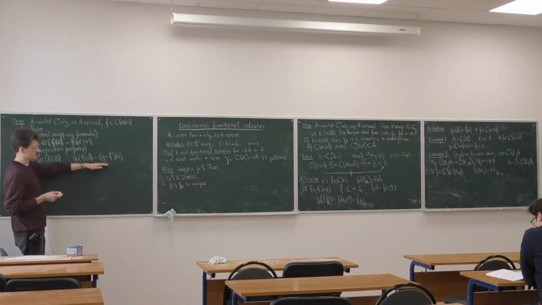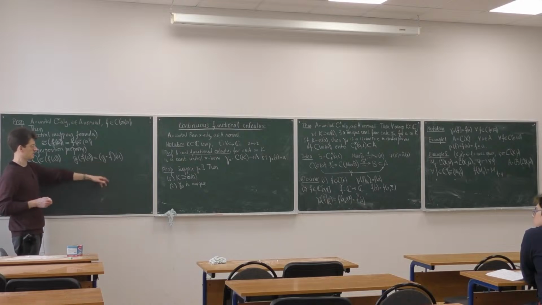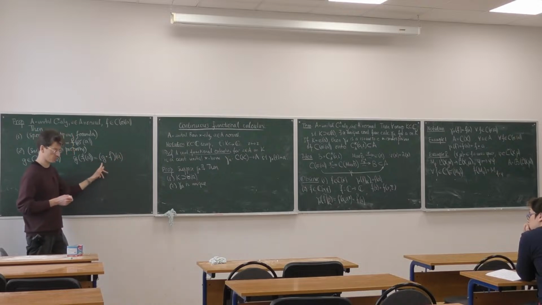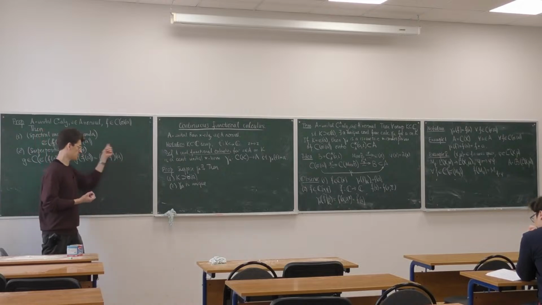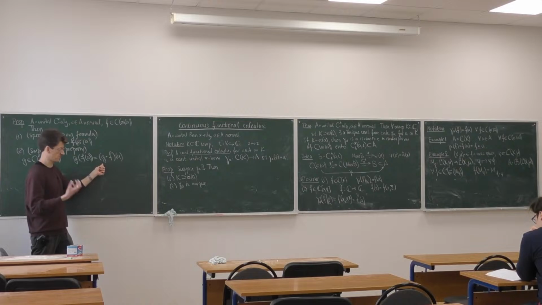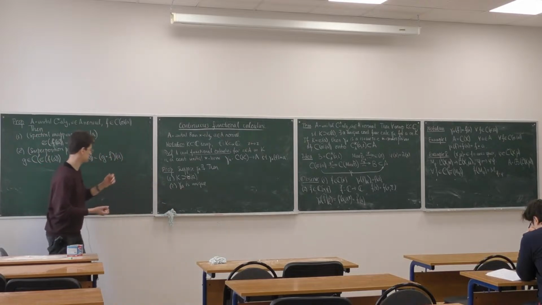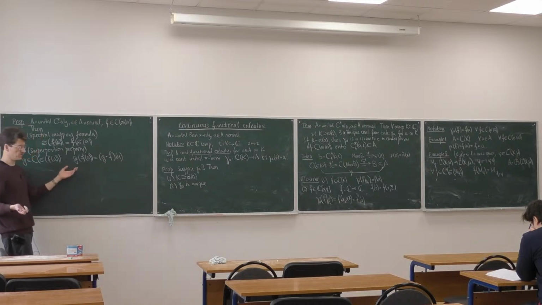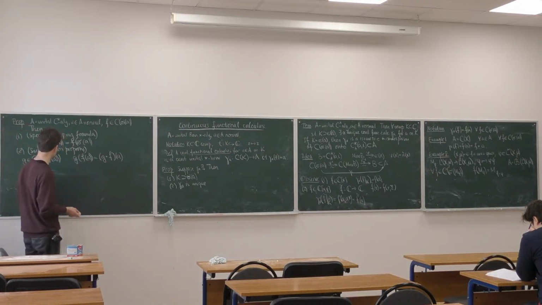And the second equality easily follows from the fact that if we fix a little f and consider the right-hand side of this formula as a function of g, so this is a map which takes g to g of f of A, then this map satisfies just the definition of a continuous functional calculus. So it is necessarily, by the uniqueness, the same as the functional calculus for f of A. And so by the uniqueness, we have this equality.